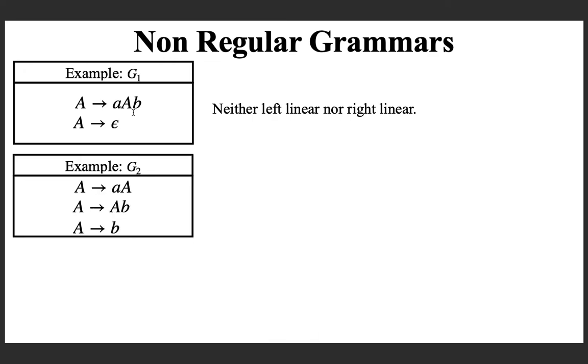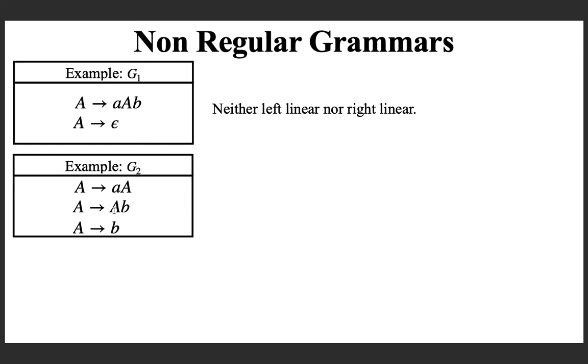Grammar G2. Maybe in a quick look it appears like it's regular, but it is non-regular, because the grammar is not left linear: if you look at this production, the variable is not appearing as the leftmost variable, hence the grammar cannot be classified as left linear because of this production. Similarly, because of the second production or rule, it cannot be classified as right linear.